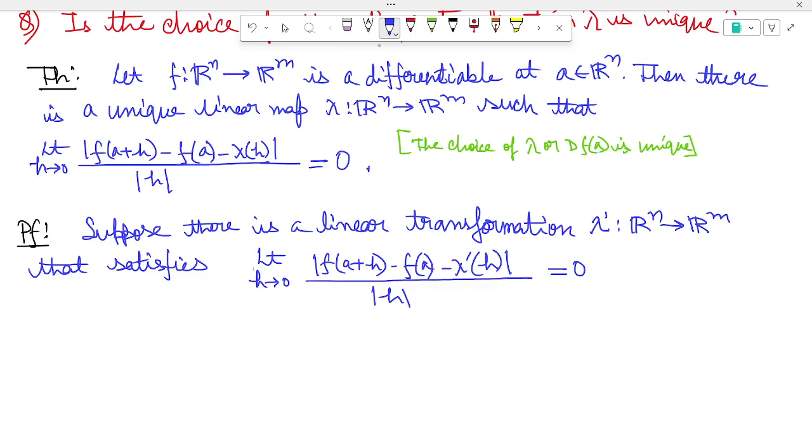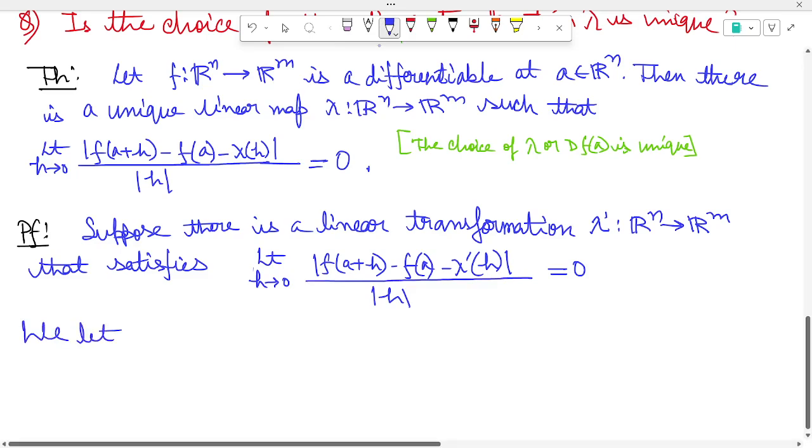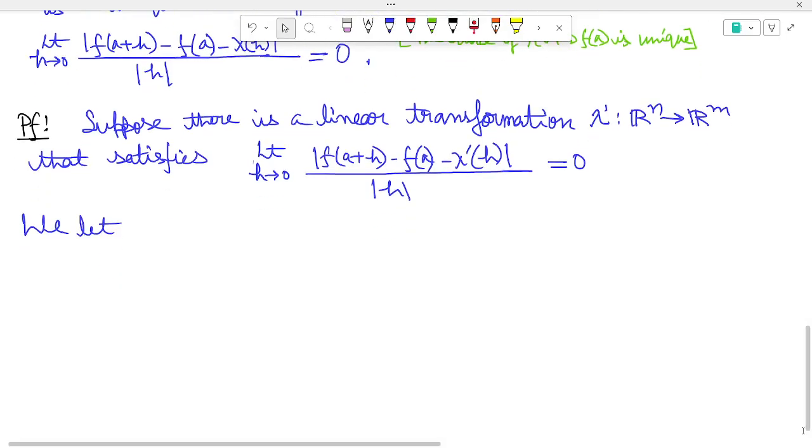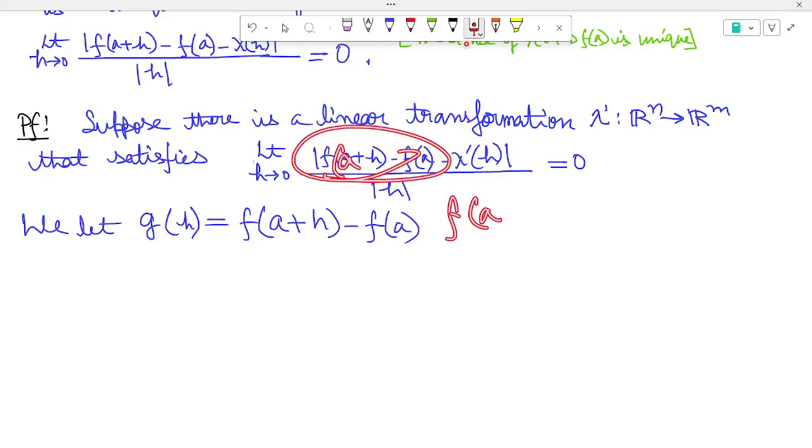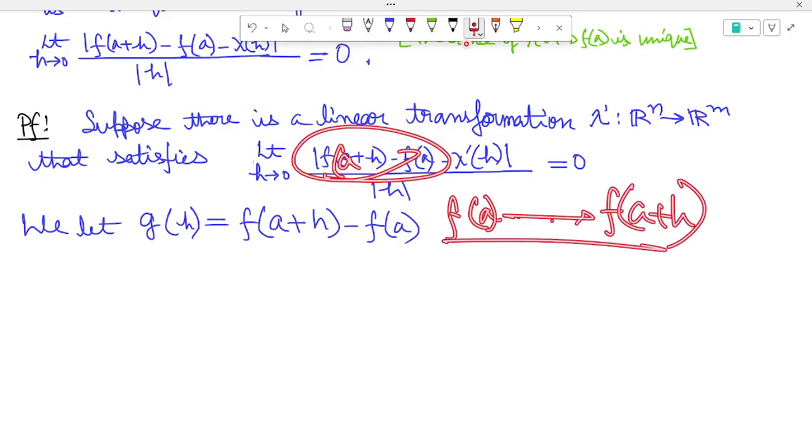Now we let g(h) be the increment of f. It is the functional increment, going from a to a + h, so g(h) = f(a + h) - f(a), the delta of f.